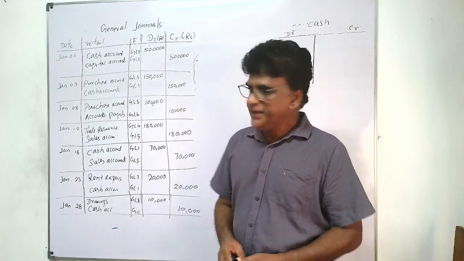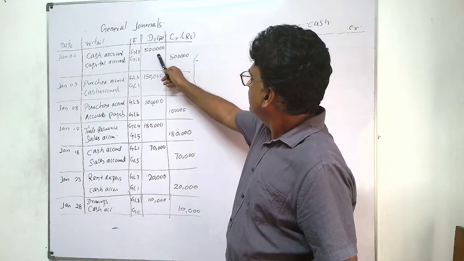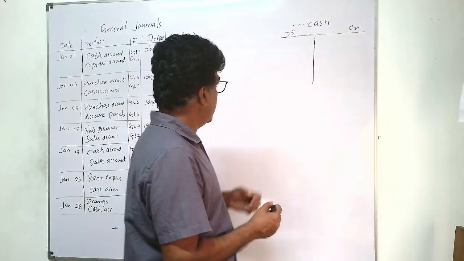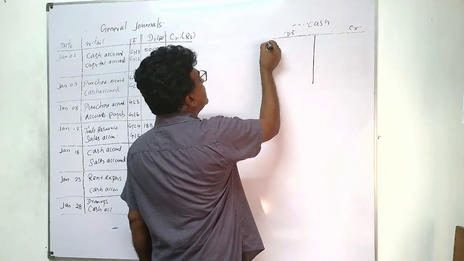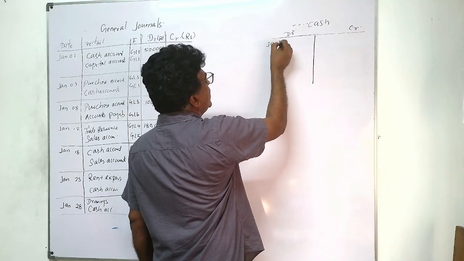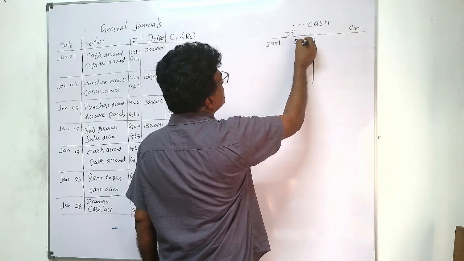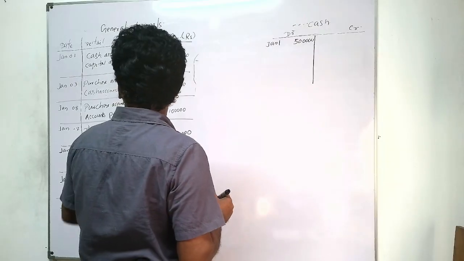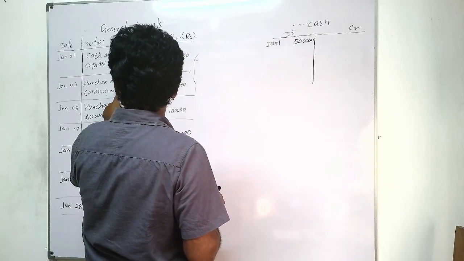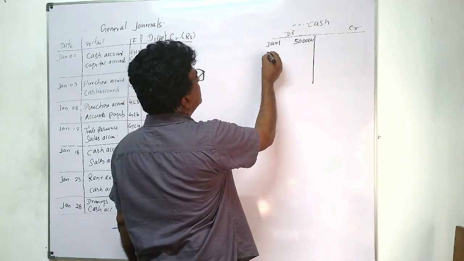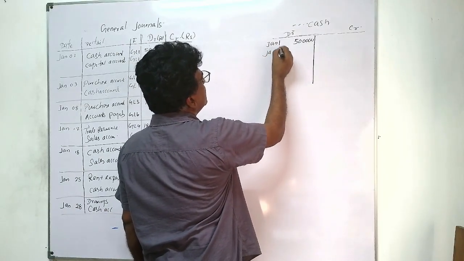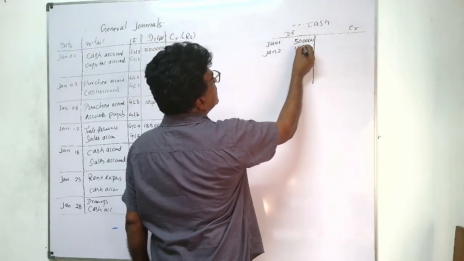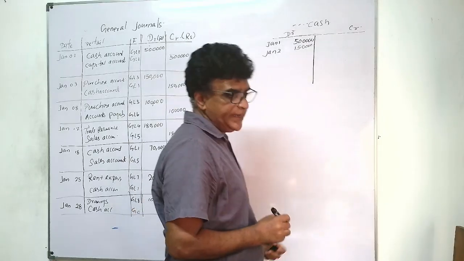January 1st, there is a debit entry in cash account, 500,000. Again, January 2nd, there is 150,000 debit.